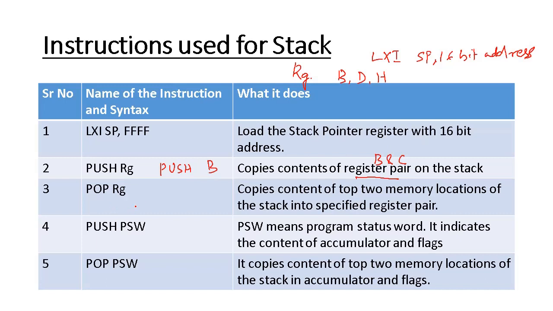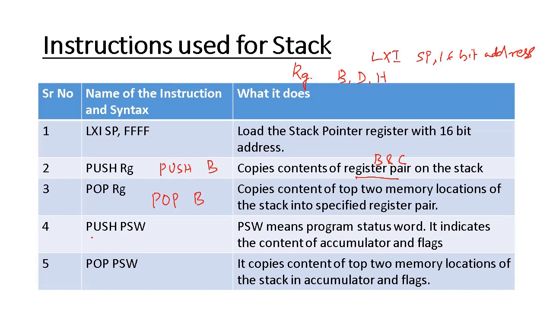Then pop register: if I write pop B, it will copy the content of the top two memory locations of the stack into the specified register pair, that is, into the B and C register pair.